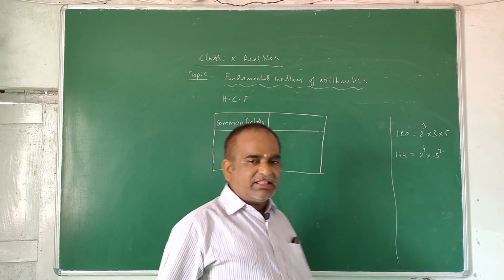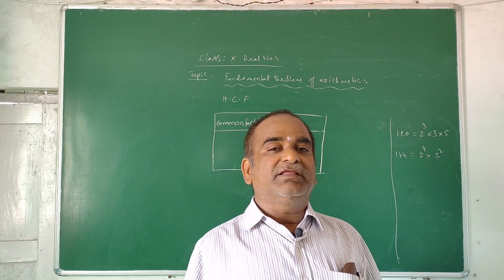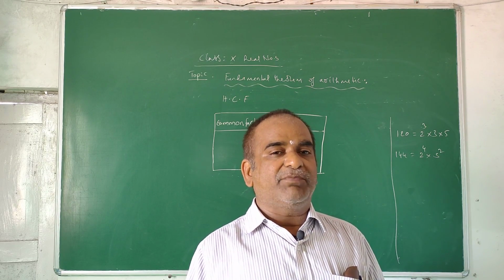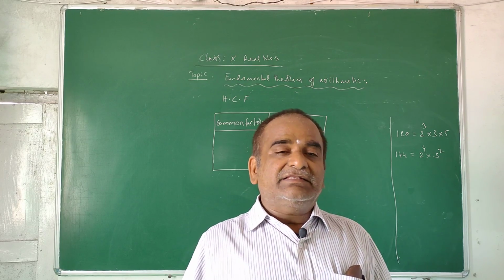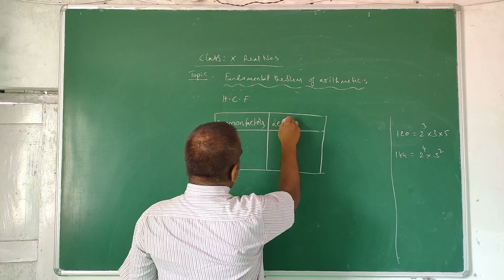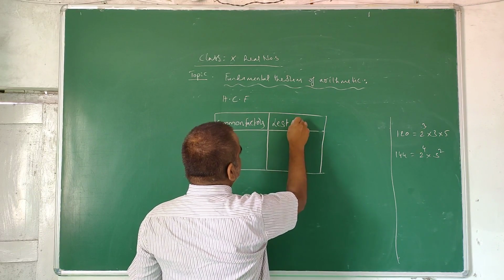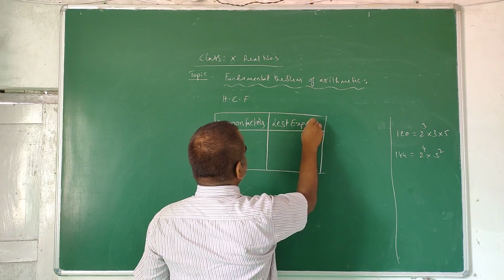And in the previous case, we have taken the highest exponent of the prime factors that appear in the product. Here we take the least exponent of the common factor that appears in the product. Least exponent.